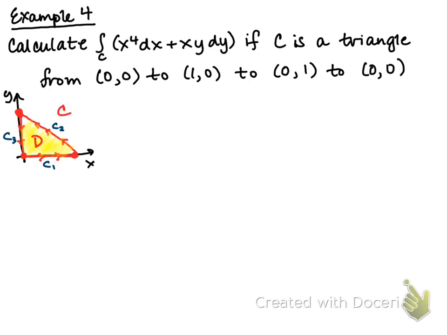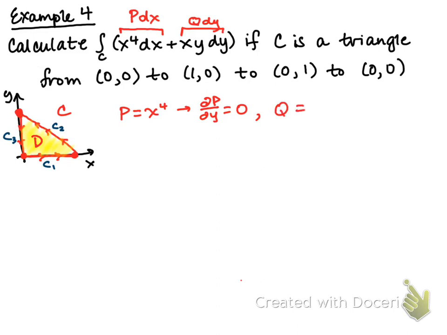So great candidate for Green's theorem. Okay, so this is going to be P dx, and this is Q dy. Okay, and so let's set up how we're going to do our integrals. P is x to the 4th. That means partial P partial y is 0. Well, that's going to be nice. Q is xy, so partial Q partial x is y.